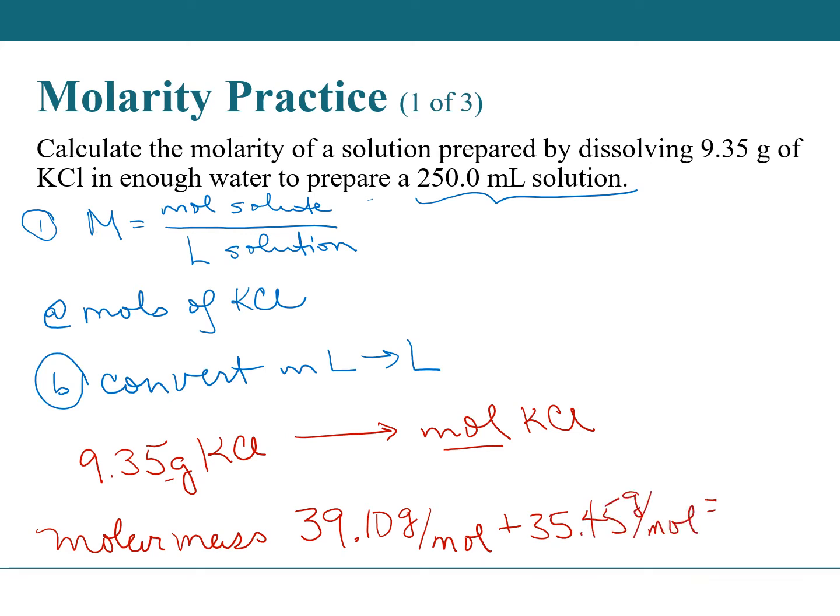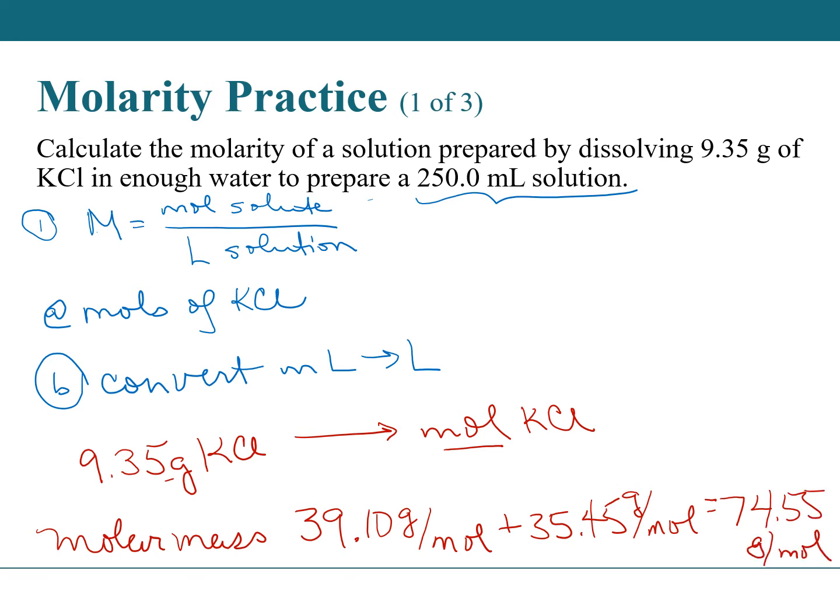So our molar mass is equal to 39.10 plus 35.45. I get 74.55 grams per mole.